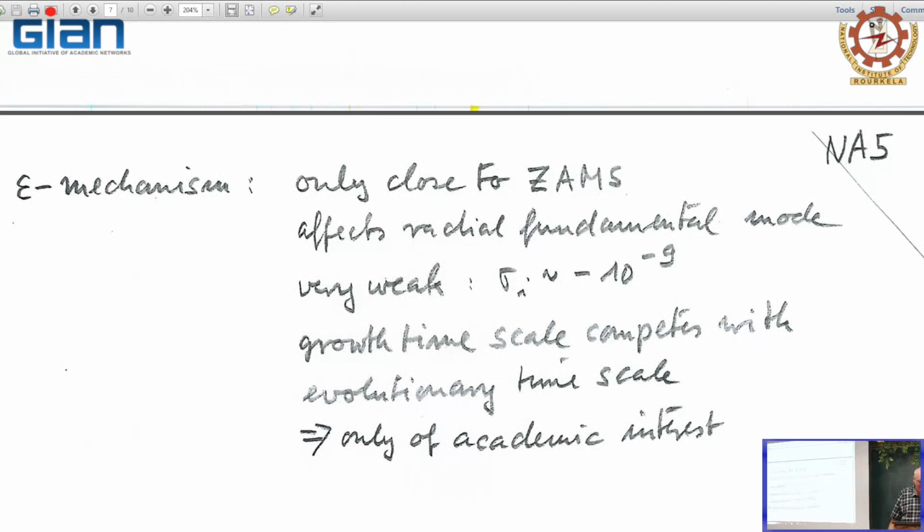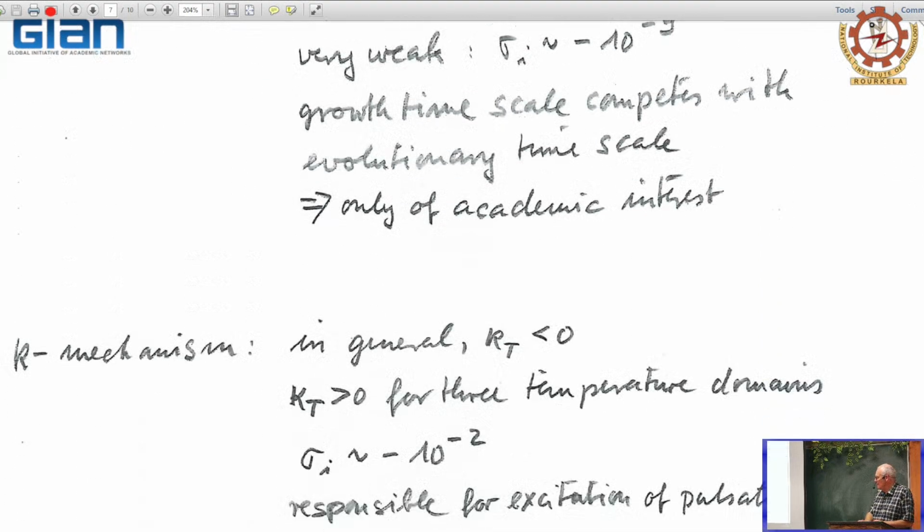But still today, from time to time, you find in the literature people talking about the epsilon mechanism and its relevance to the stability of stars. So be careful. The epsilon mechanism does exist, but it does not have any relevance for realistic stellar models.